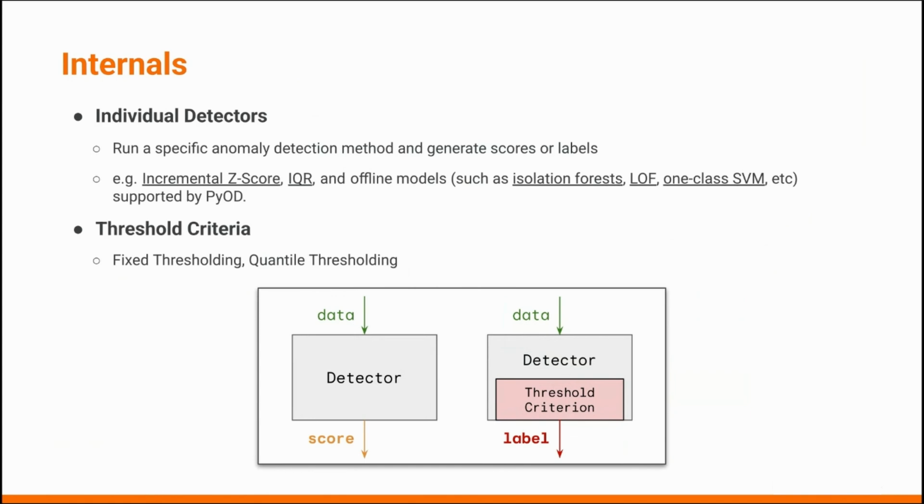For instance, with a fixed threshold of 3, any data point with an outlier score exceeding 3 is labeled as an outlier. Currently, Beam supports two thresholding methods: fixed thresholding, which uses a fixed cutoff value, and quantile thresholding, which calculates and uses a quantile, for example the 95th percentile, as the threshold.